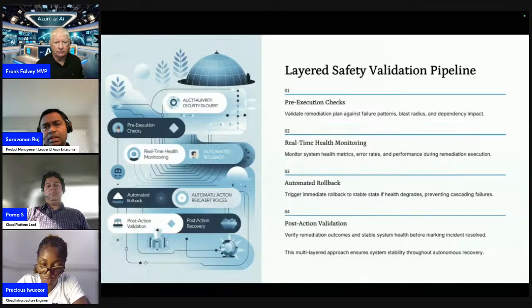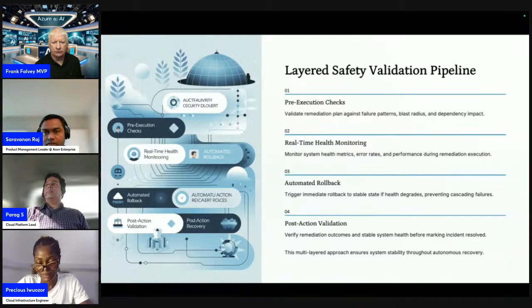The third one is the layered safety validation pipeline. Firstly, we need to have the pre-execution check. Even before I make a production code change for a given outage, we need to validate what potential failure patterns we have observed, what the blast radius is, and whether we need to engage a human in the loop for a given blast radius.